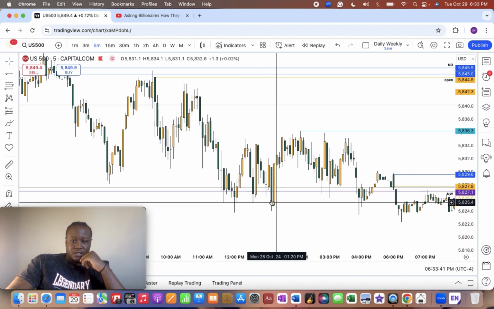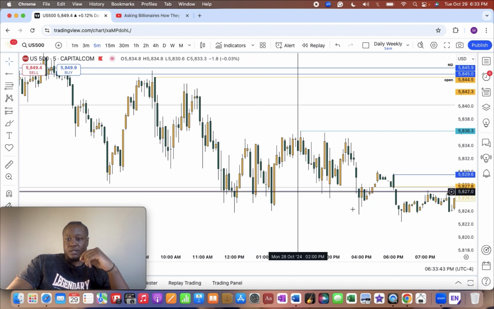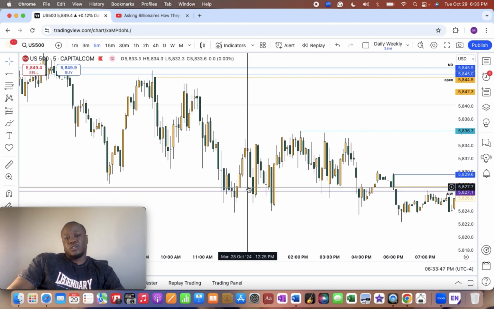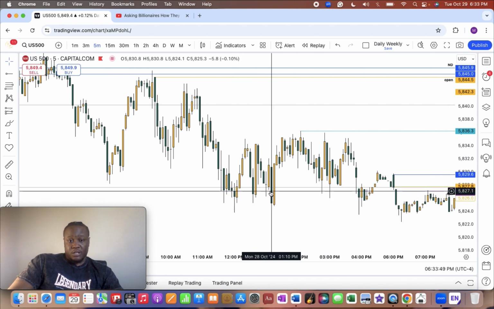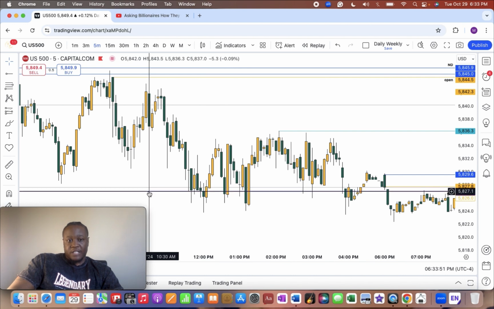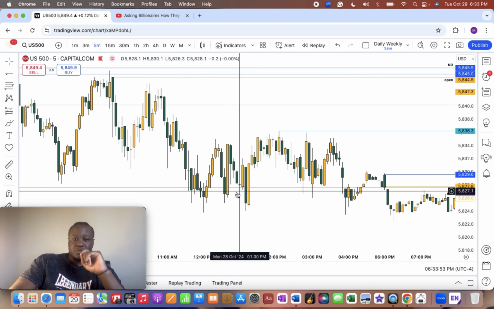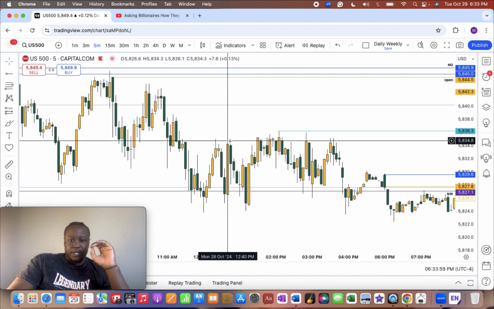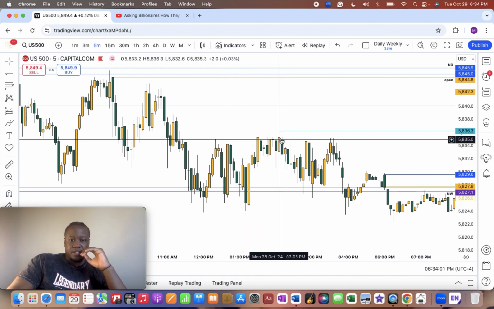This NW means new week. So the new week gap for this current week that we're in, where the market actually opened, I placed a buy trade right there, and it's just a very short trade because I started to see the market consolidating.